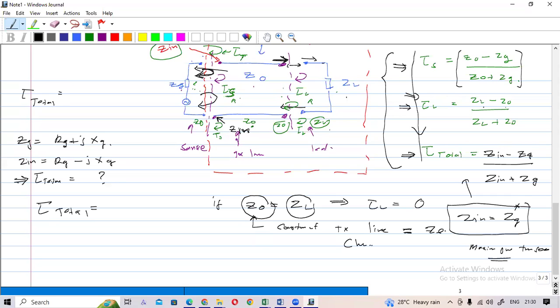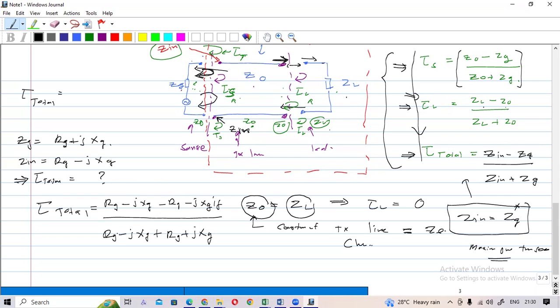So tau will be Zin minus Zg, that is Rg minus jXg minus Rg minus jXg, divided by Zin plus Zg, that is Rg minus jXg plus Rg plus jXg.